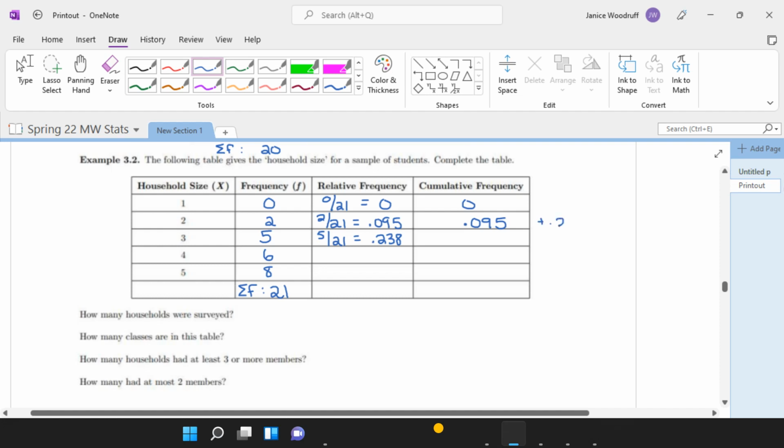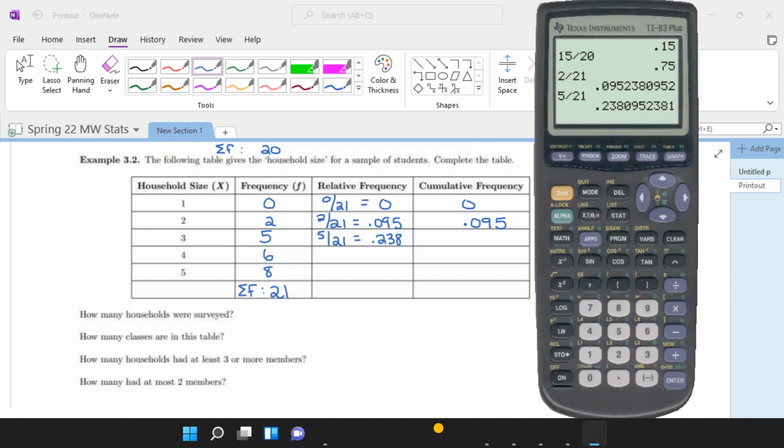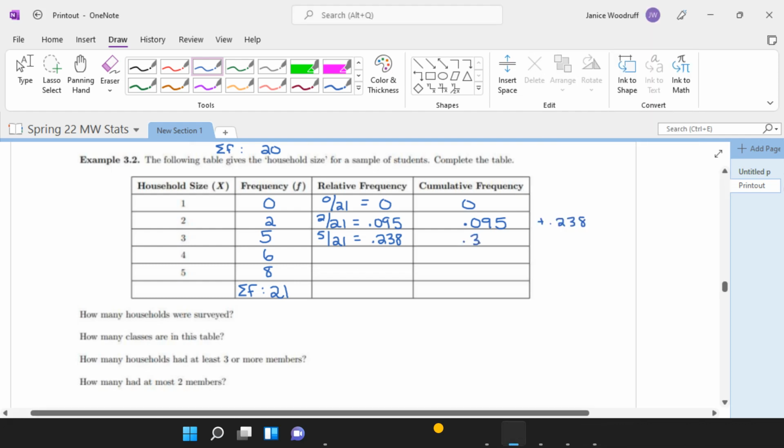So I'm going to do 0.238 plus 0.095. So 0.333. Okay, so you're just adding the previous cumulative frequency plus the next line relative frequency for that.